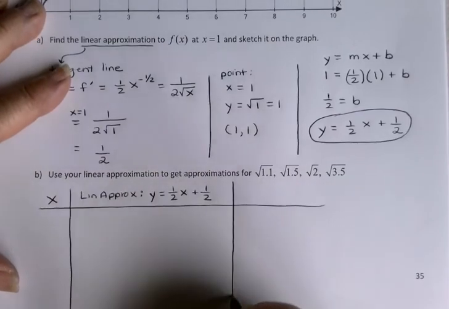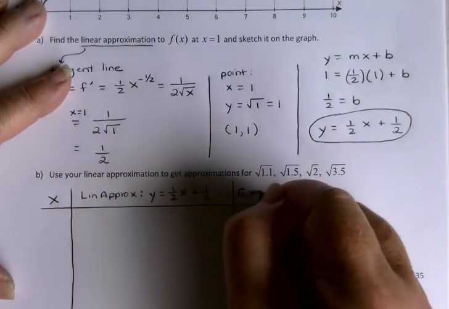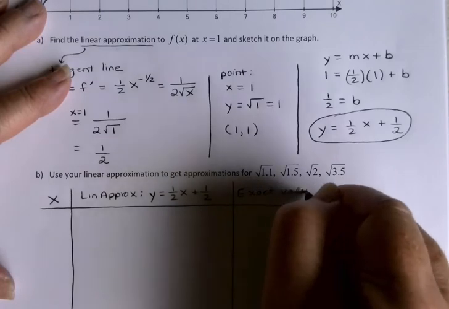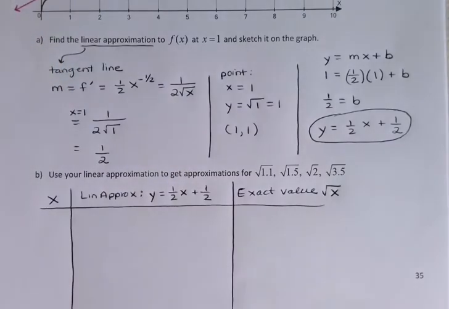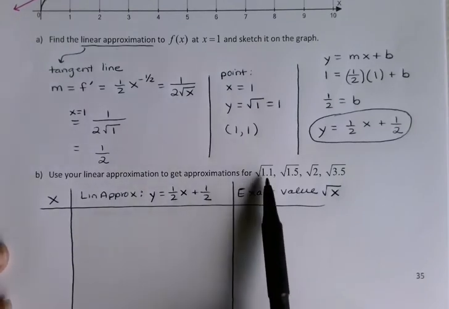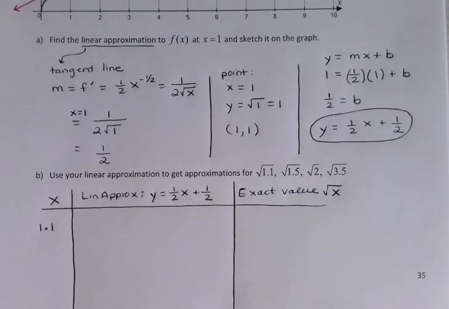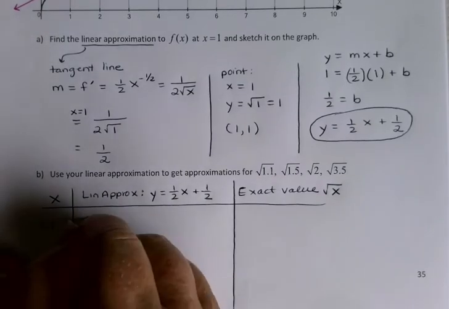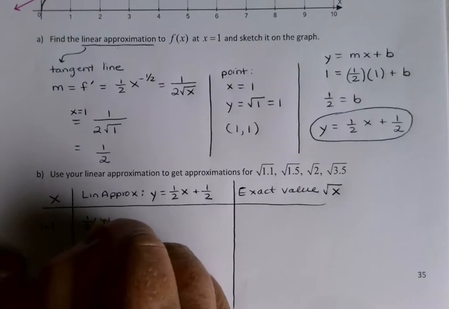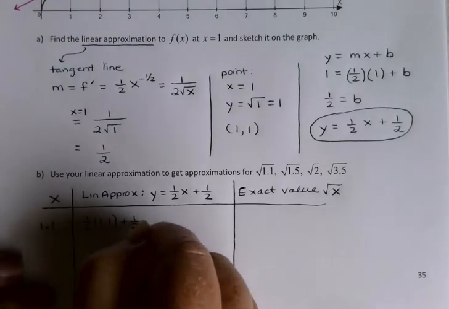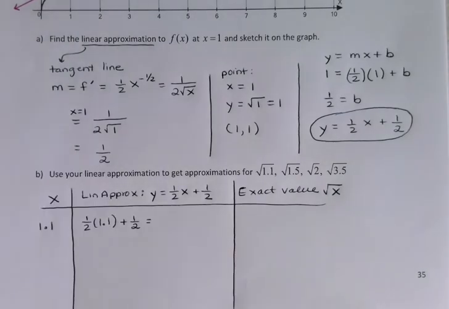And then we'll compare that to the exact value of the square root of x, just to kind of see how well we're doing. Right? So the first x value I wanted to plug in was 1.1. If I do the linear approximation, 1/2 times 1.1 plus a half, and you're welcome to use your calculator to do that, I get 1.05.